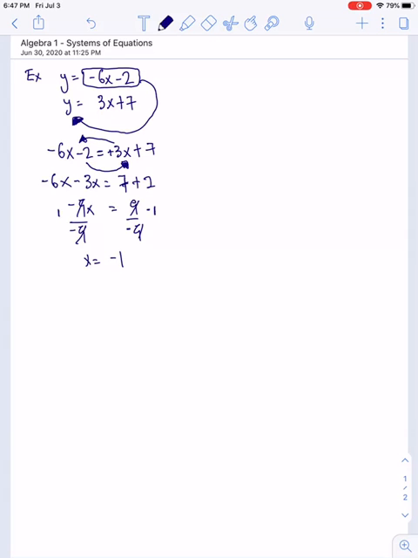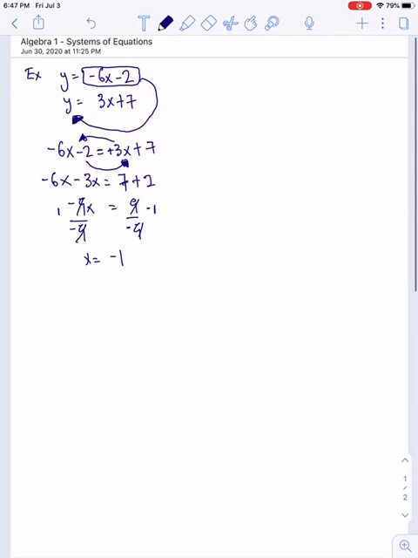So now that we have x, to solve for y we can pick either equation 1 or equation 2 and plug in negative 1 to find y. In this situation, I'm going to choose the first equation, y equals negative 6x minus 2, and plug in negative 1 in place of x.